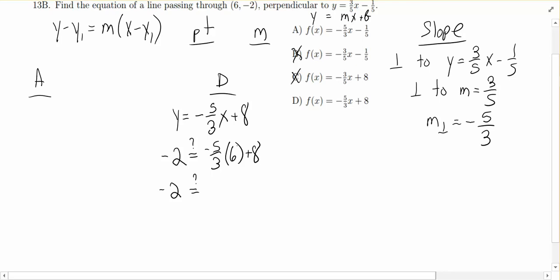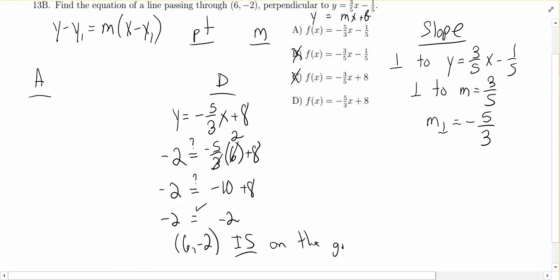So if I multiply -5/3 times 6, the 6 over 3 becomes a 2, giving me -10 plus 8, or -2 equals -2. This checks out, which tells me 6, -2 is on the graph.